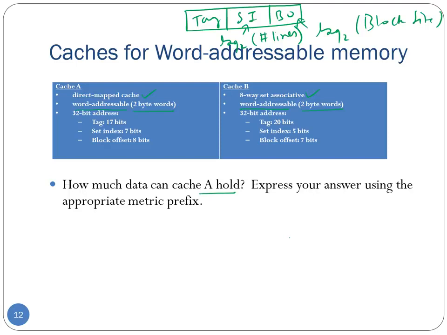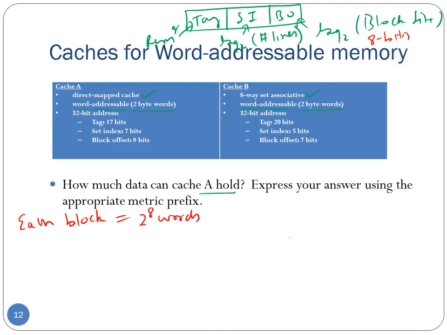Okay, and all the remaining bits are basically in your tag field. So the question says that this block offset has basically 8 bits. So what that means is every block will have 2 to the power 8 words, right?